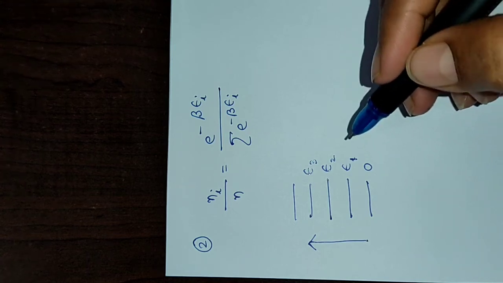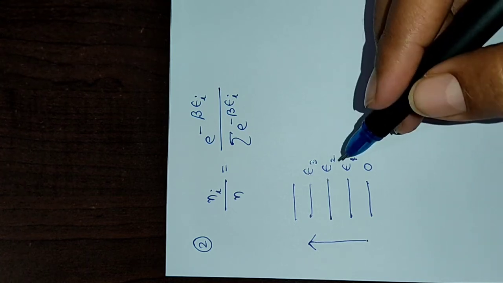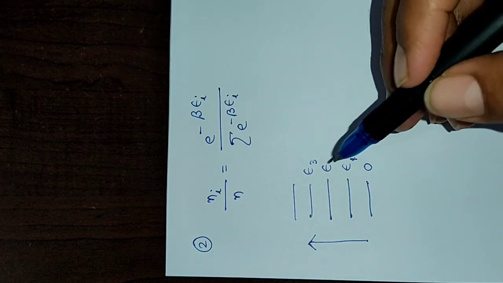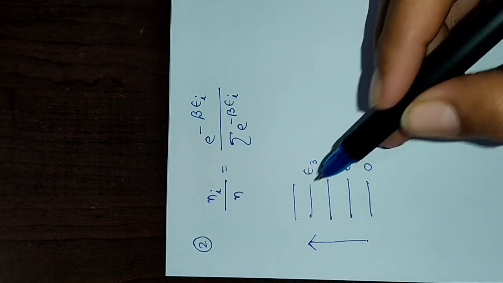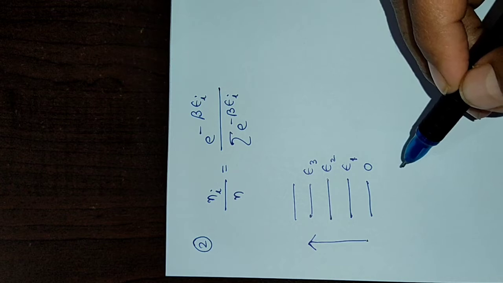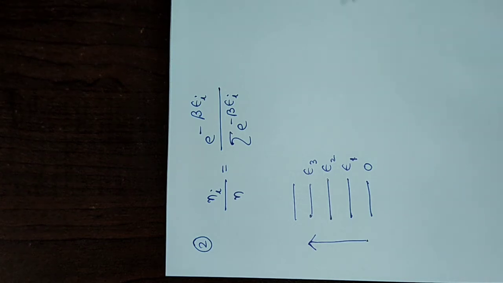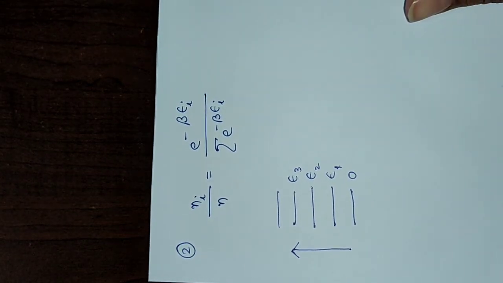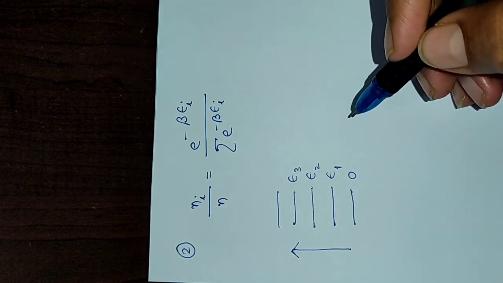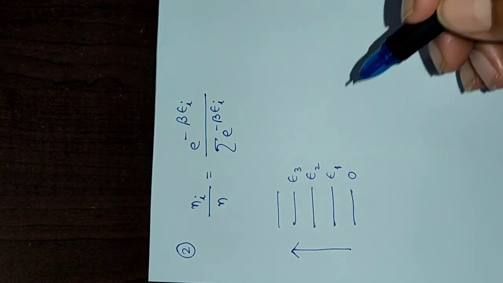Now more the energy, less will be the population. The population at the higher energy level will be less compared to the low energy level, since a system having finite energy will not allow more and more molecules with high energy.